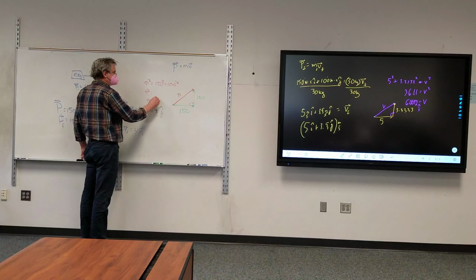So that's the magnitude of my momentum. Because I have just a single object, that's got to be equal to the mass of that object times my final speed. So that's equal to mass times speed, since we're doing magnitudes here. So 180.28 is equal to 30 v, and v comes out to somewhere around 6.0092.